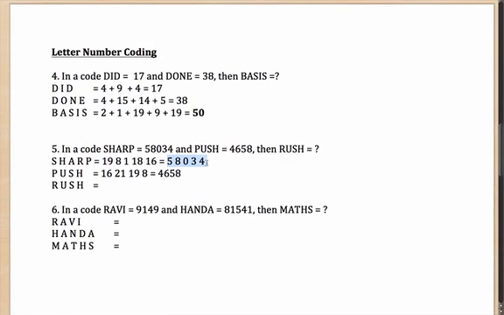Now, the problem is that 19, 8, 1, 18, 16 is becoming 58034. I cannot observe a pattern here. Same thing is happening here. So let me try and do some other sort of mapping if I can. Let's say neglect this part. Okay. And also I neglect this part. Now can I observe a pattern? S is 5 and H is 8.